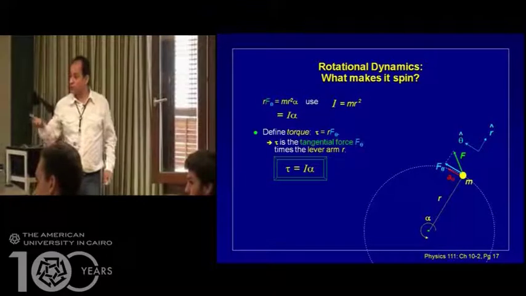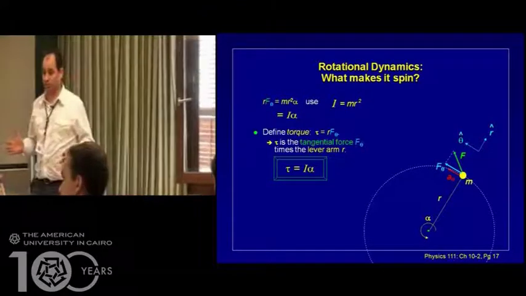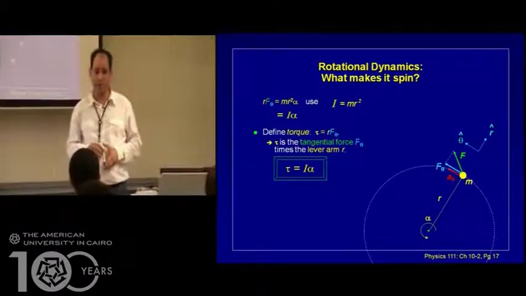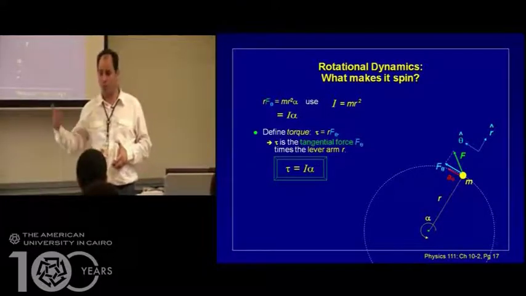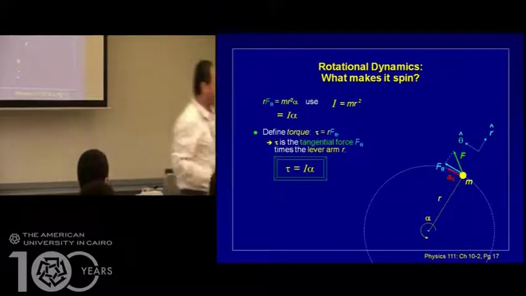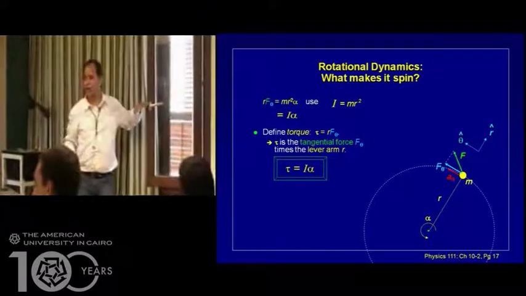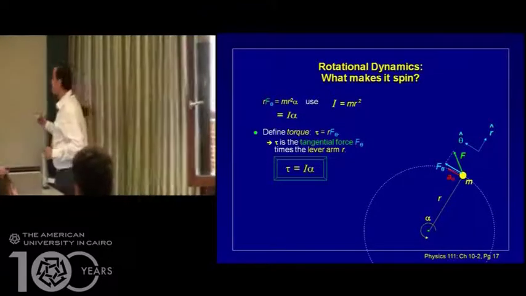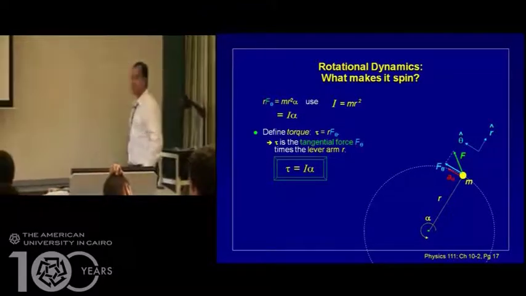What's important here is not only the force. That's why people, when they make those doors and windows, they put the knob very far away from the pivot. Because what makes the object rotate is the torque. Torque.